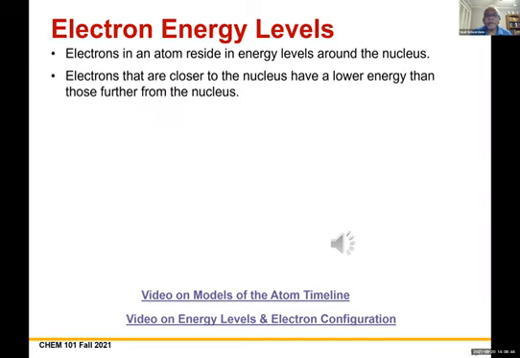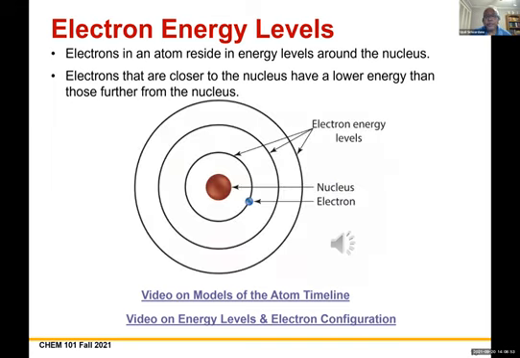Electrons closer to the nucleus have lower energy, as we talked about some time back. So the energy of an electron is stepwise, only certain energies are allowed, quantized.